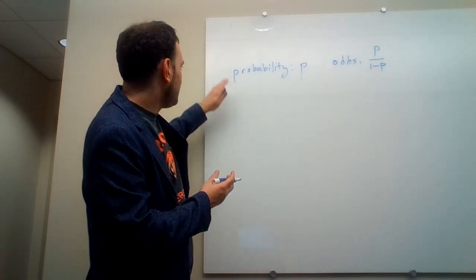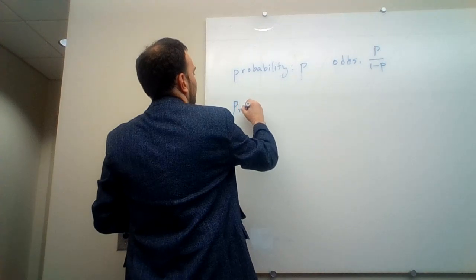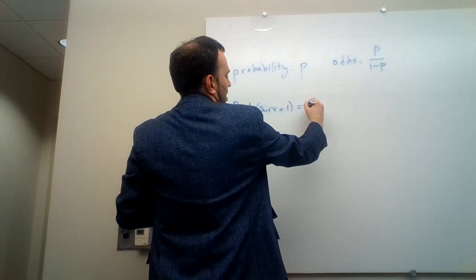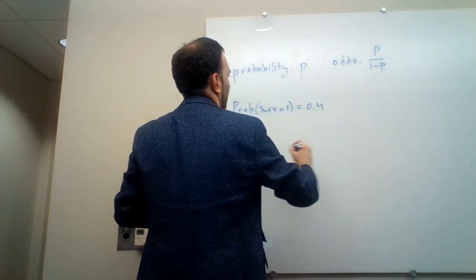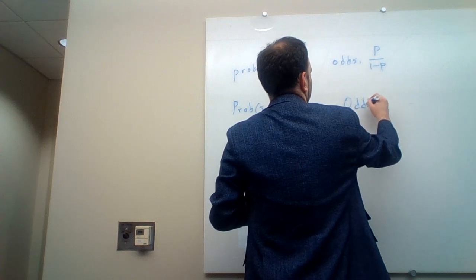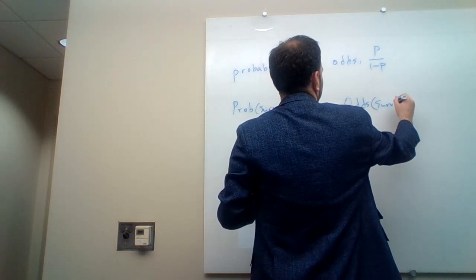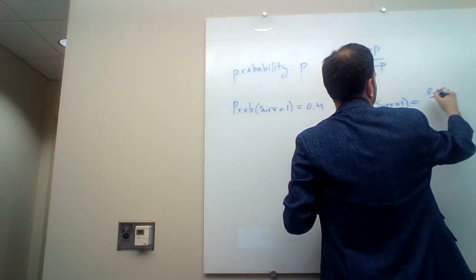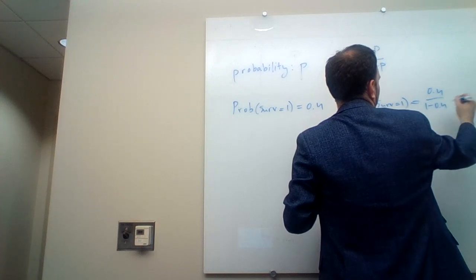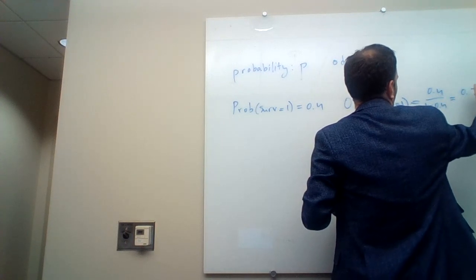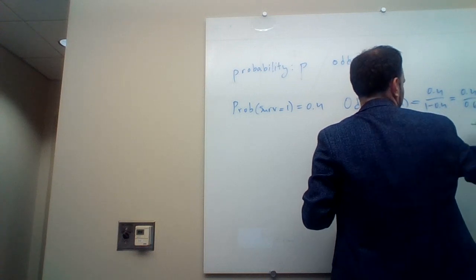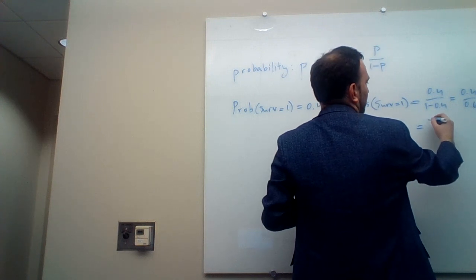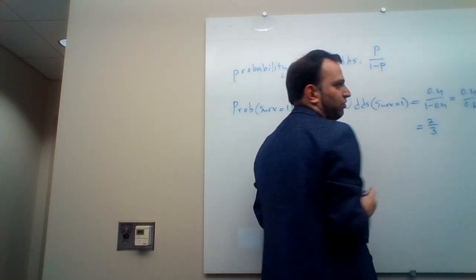So if, for example, the probability of survival, so the probability that survive equals 1, is 0.4, well, that means that the odds, and I'll write it like that, of survive equals 1, are 0.4 divided by 1 minus 0.4, which is 0.4 divided by 0.6, which you could write as 2 divided by 3.